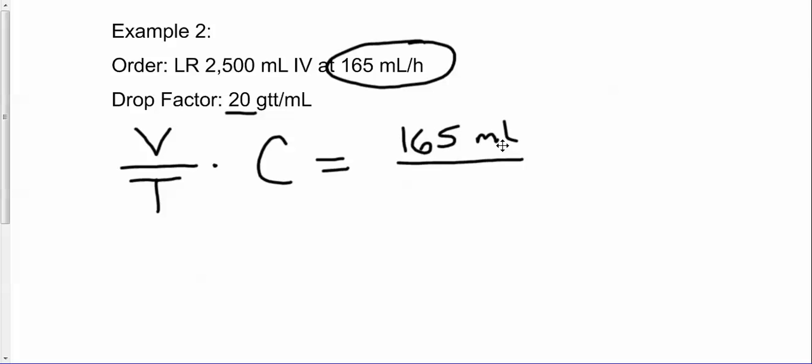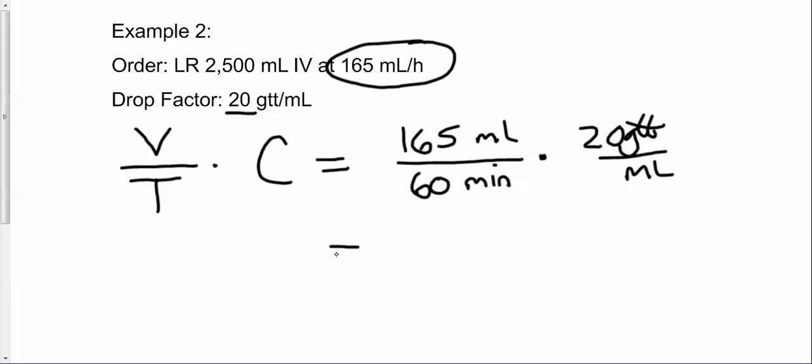An hour we know is 60 minutes, so you can go ahead and put 60 minutes in there. Then we times that by the drop factor, or the calibration, which is 20 drops for every 1 ml. Now when you multiply this out, one thing that you should notice is that the milliliters divide out.